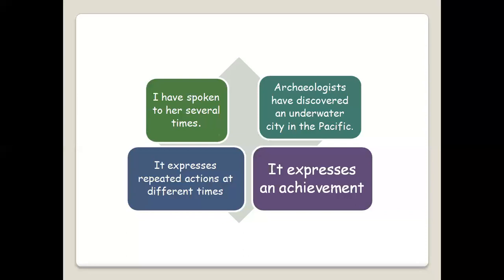I did something great, an important thing. So to express an achievement, I will use present perfect. Like this example, the archaeologists have discovered an underwater city. That's why I used present perfect.